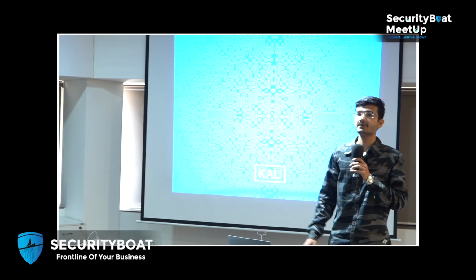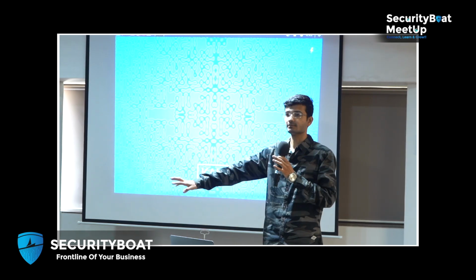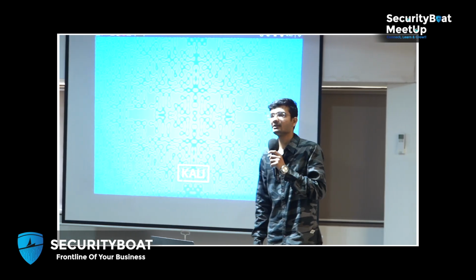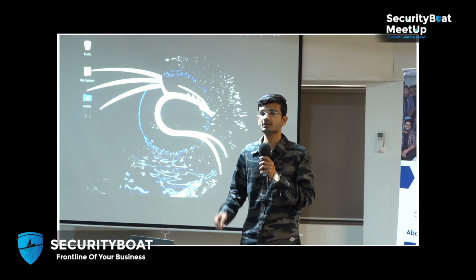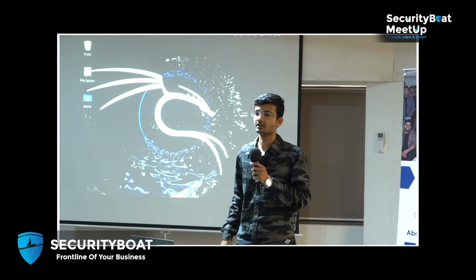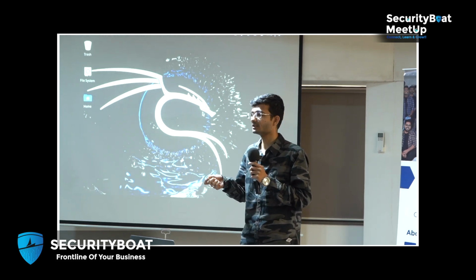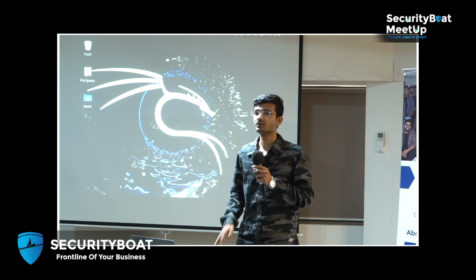In this Raspberry Pi, I have one small micro SD card. Sorry for the disturbance. This micro SD card is booted with Kali Linux, and I just have to swap the micro SD card whenever I want a new operating system.